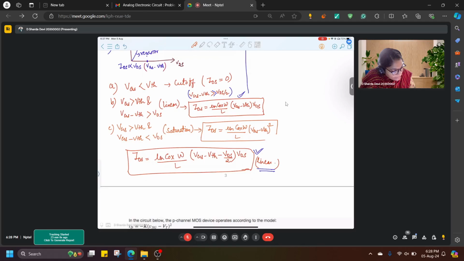So what we did, we basically substituted VDS as VGS minus VTH in place of VDS in this particular formula. Clear?